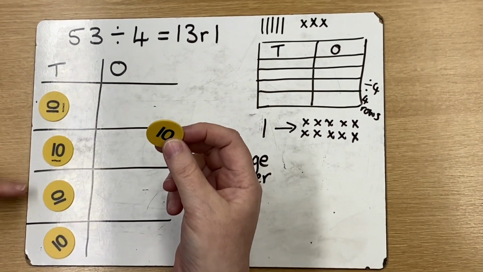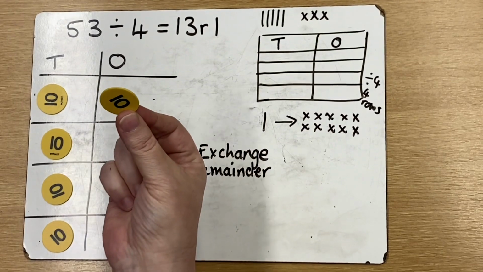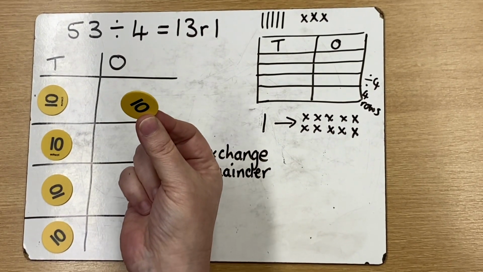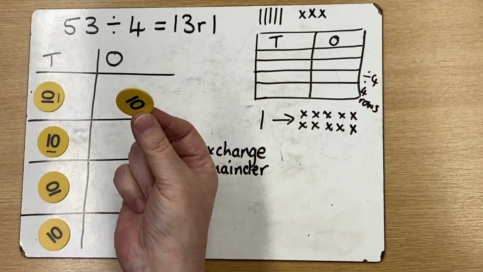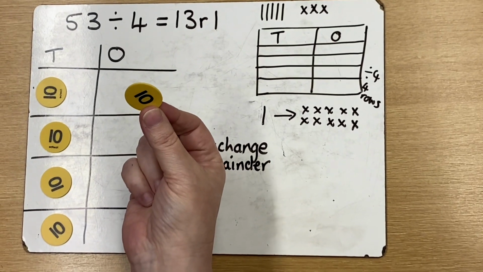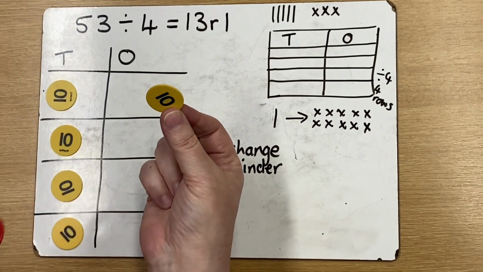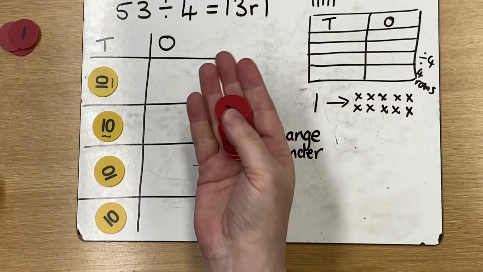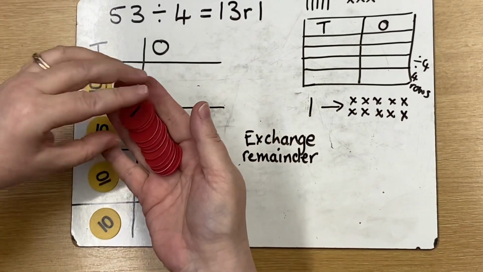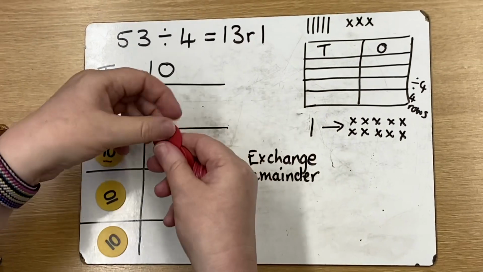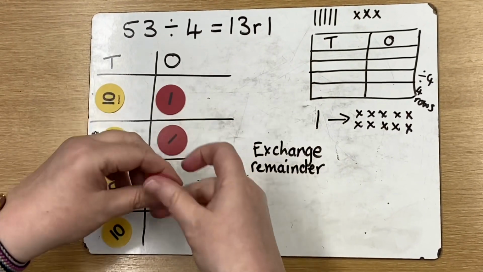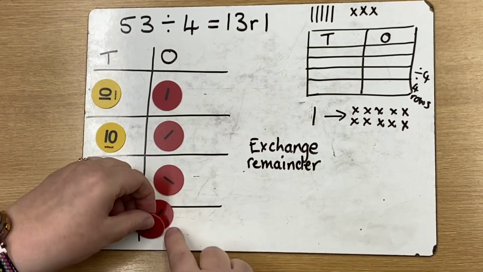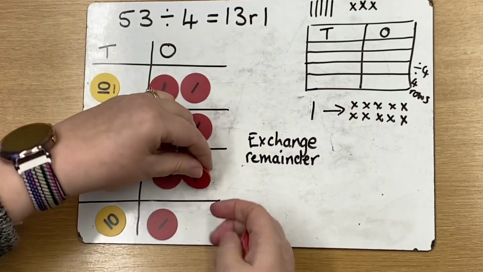So 10, 20, 30, 40. Oh, I've got one that I can't share. So we then use the next piece of vocabulary with the children, which is to exchange. We get our 10 ones and swap them for our 10. We then have all 13 counters together, which we can then share out. And again, the children will very quickly be able to share them and see them.